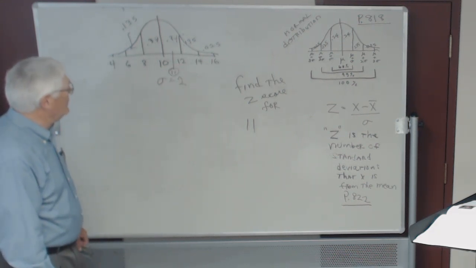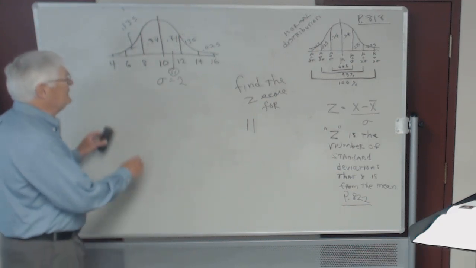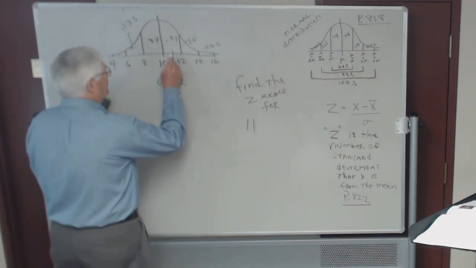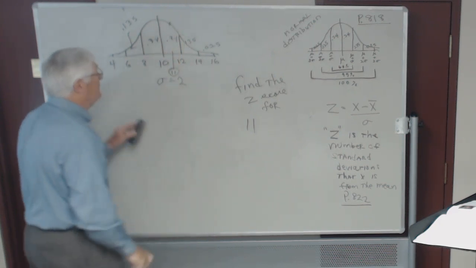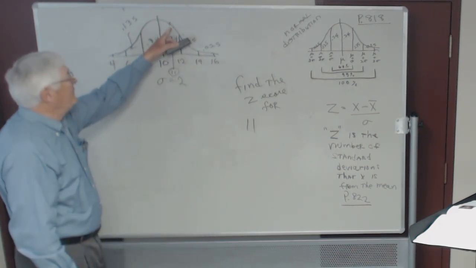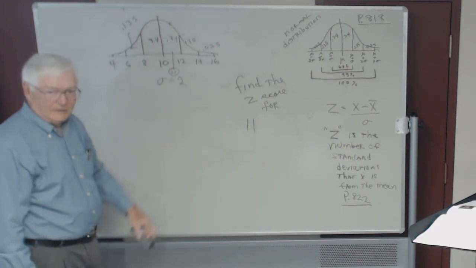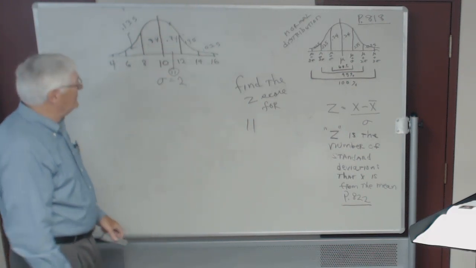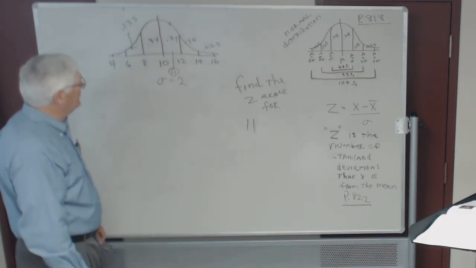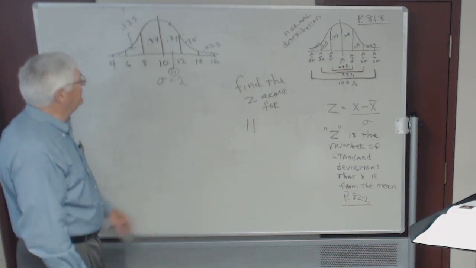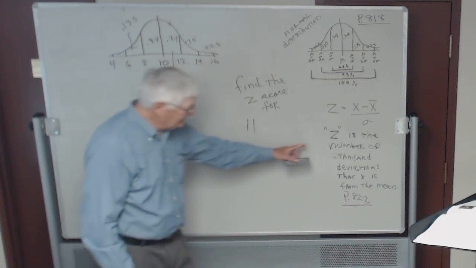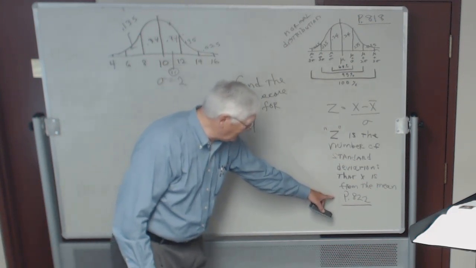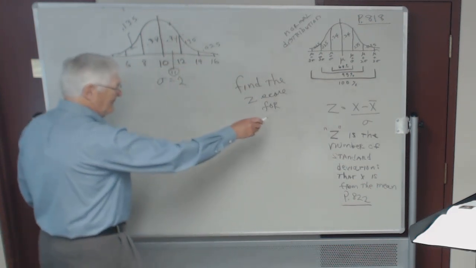So, what's the z-score? In other words, watch this. If I run this on up here where it crosses this line, what's the number right there for a z-score of 11? You go, the number of standard deviations that it is from the mean. And how do I find it?